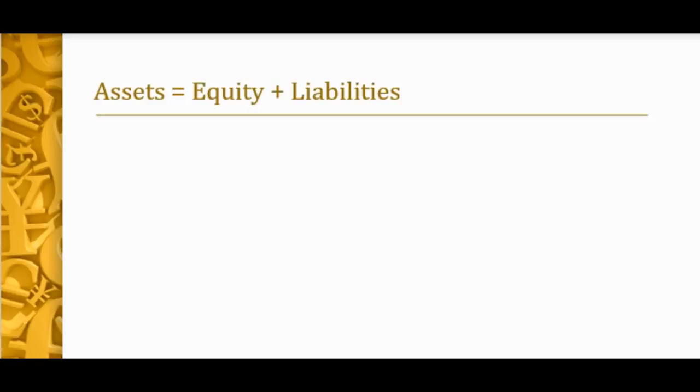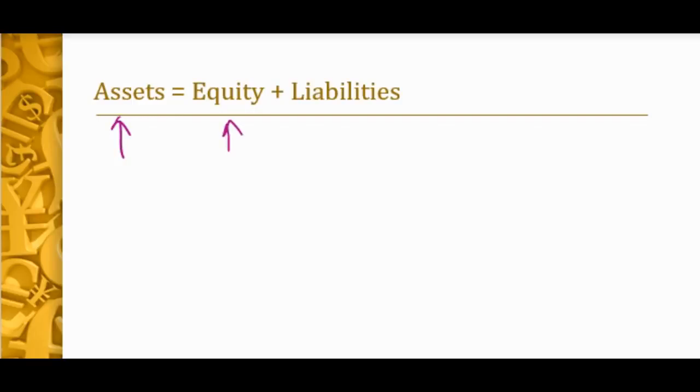So what are assets? Assets are generally controlled by an individual or a firm, and they help generate future cash flows. That is called an asset. We will look into an example as well. And what is equity?